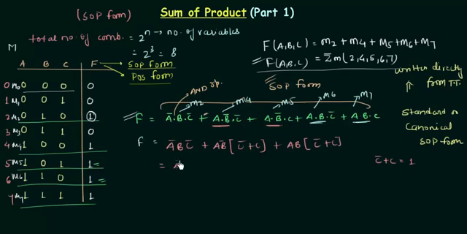So I have A complement B C complement or A B complement, and from here I will have AB, because this is 1, and this is 1 too.